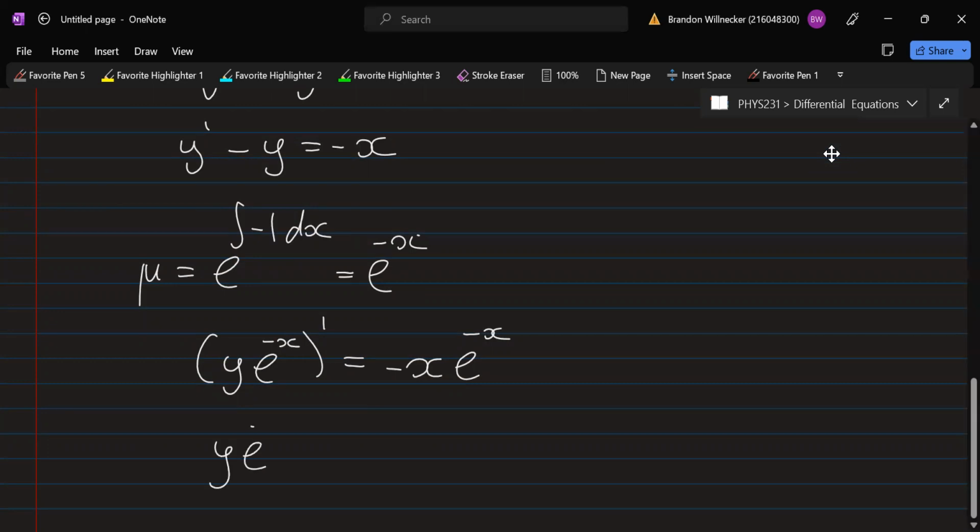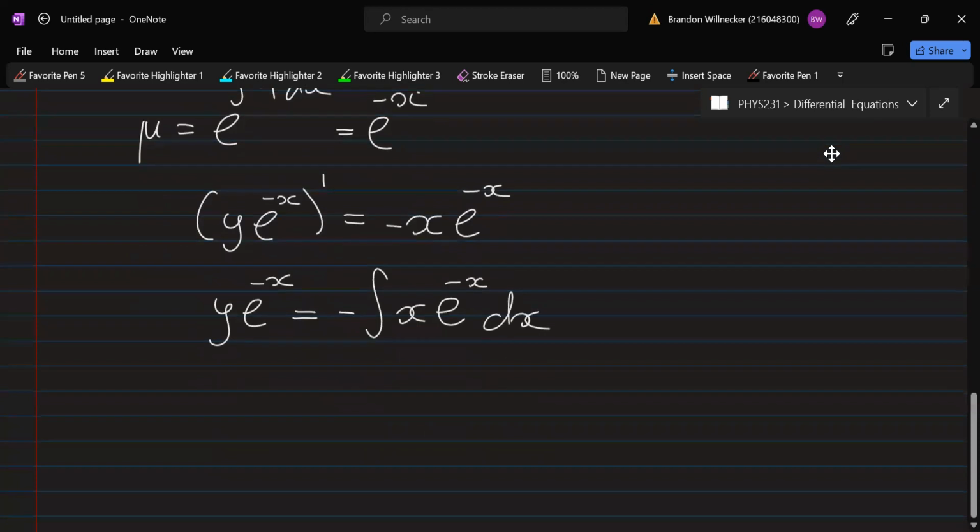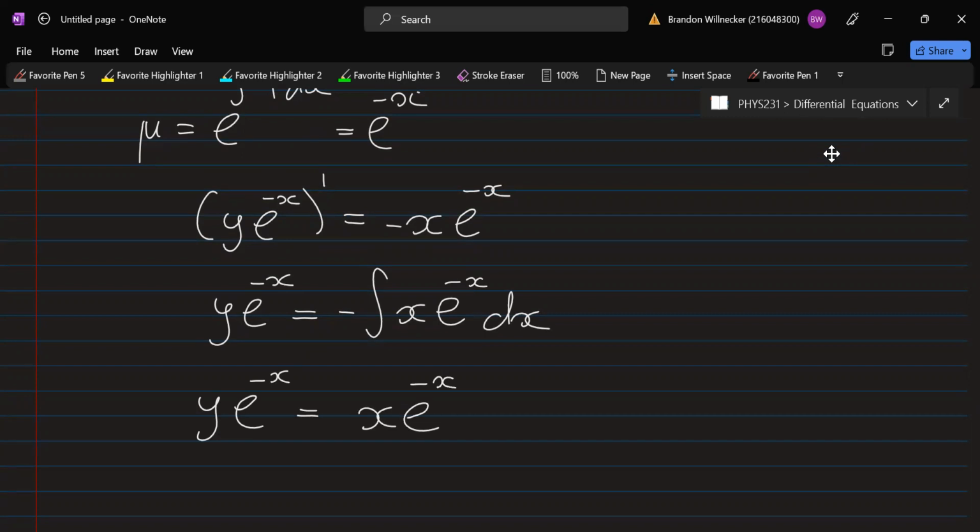So y e to the minus x is equal to minus integral of x e to the minus x dx. Yeah, we can integrate that out. So we get y e to the minus x is equal to x times e to the minus x minus the integral of e to the minus x.